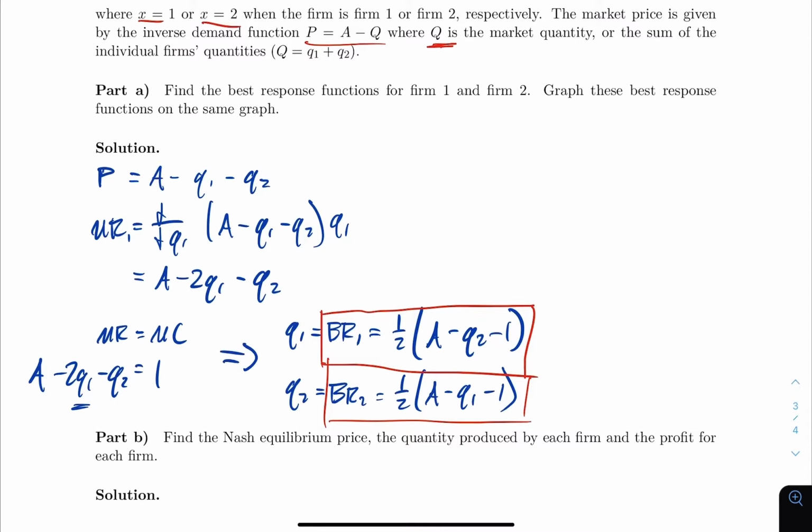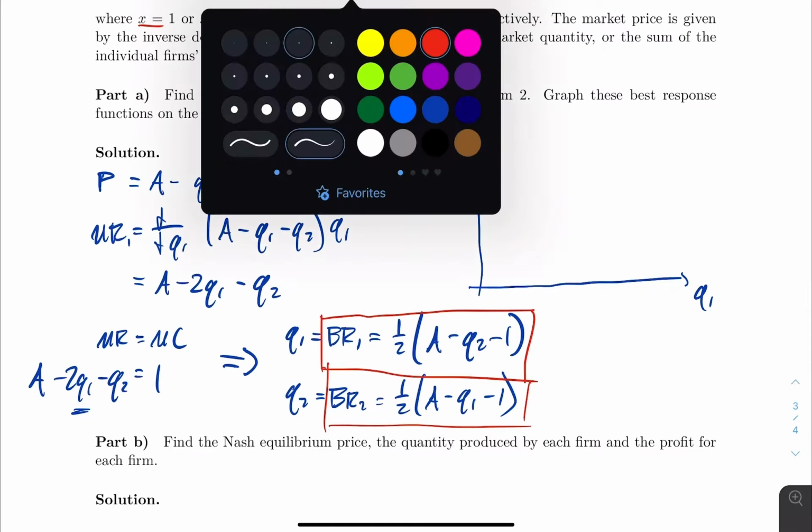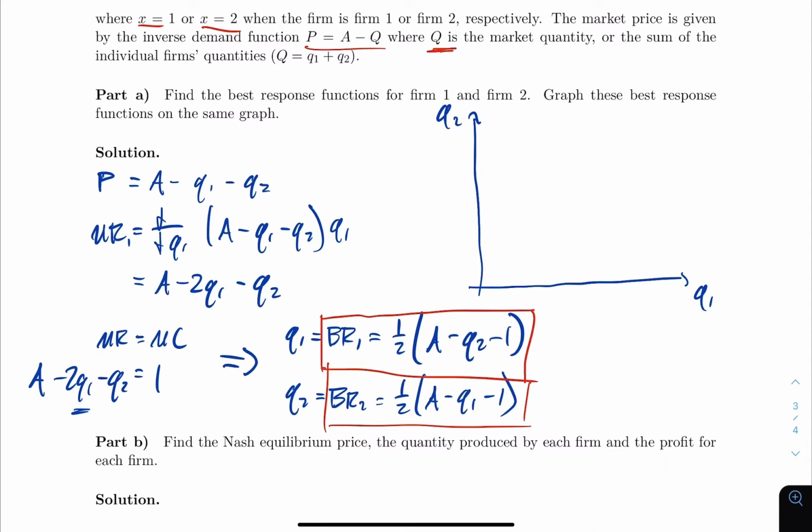So our graph, when we're dealing with best response functions, we want one quantity on one axis, let's do quantity 1, and the other on the other. So for the best response function for 1, when Q2 is 0, the best response function is equal to 1/2 (A minus 1).